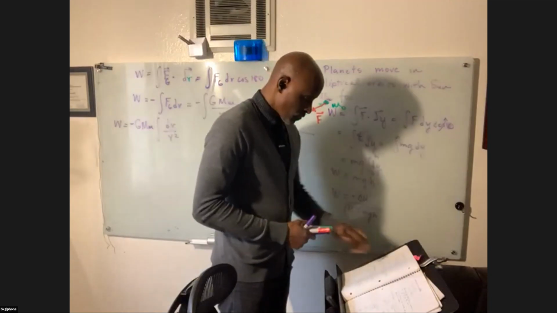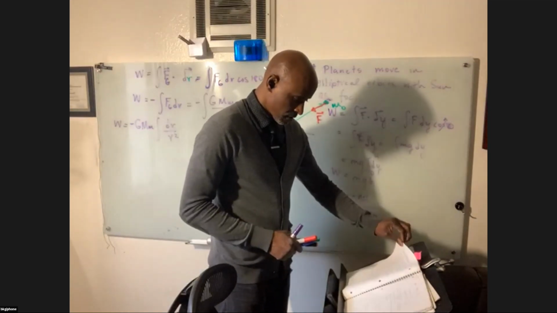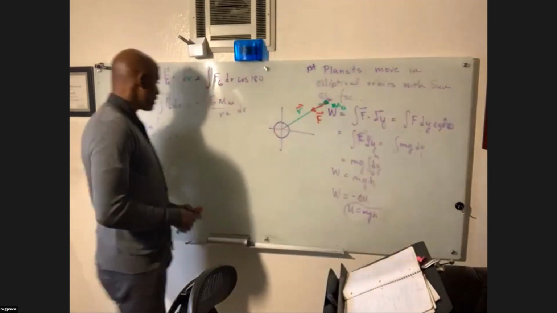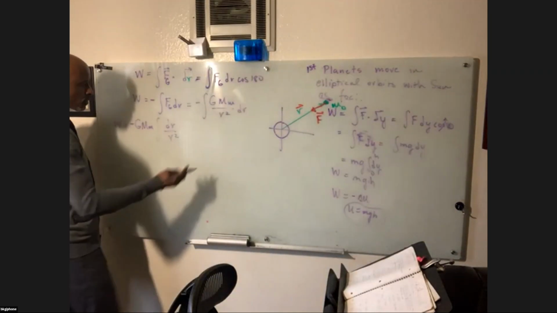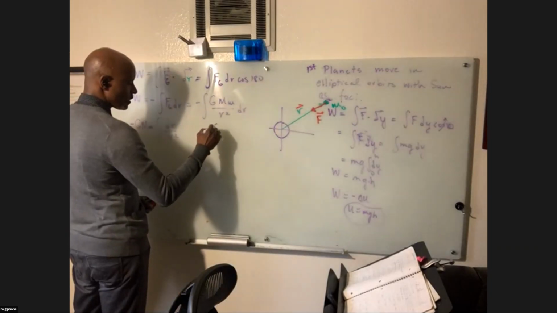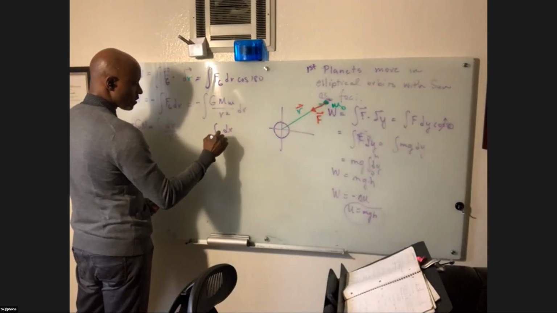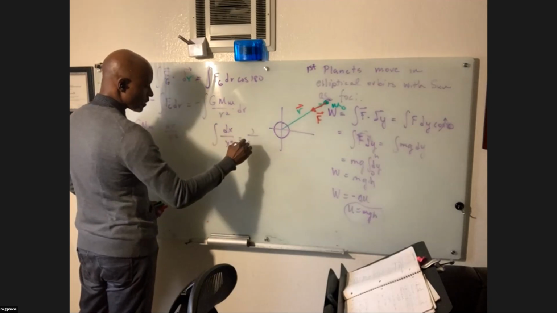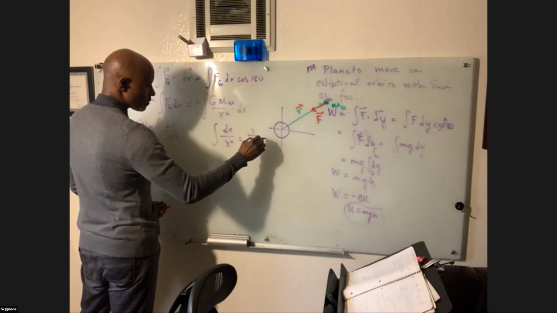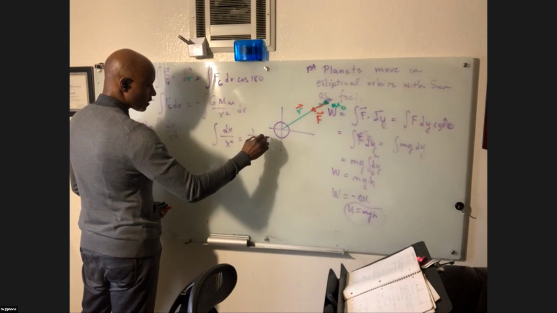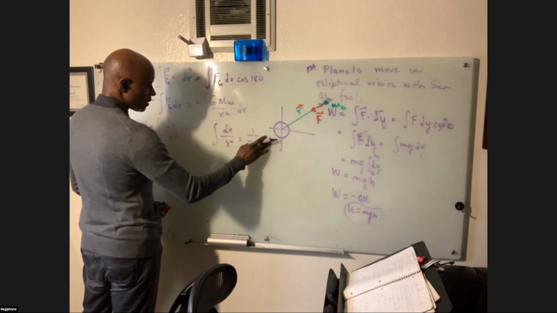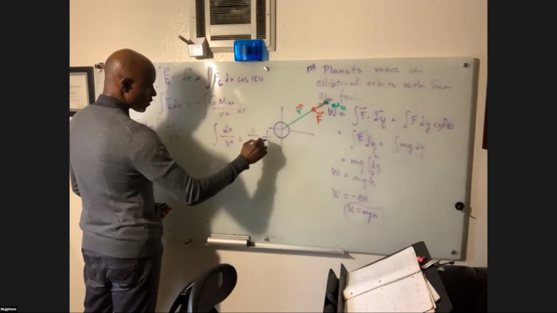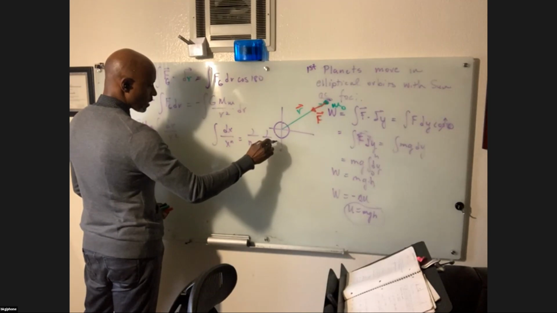It just abides by the formula. The formula for the integral of dx over x to the n is equal to 1 over n minus 1 times x to the n minus 1.